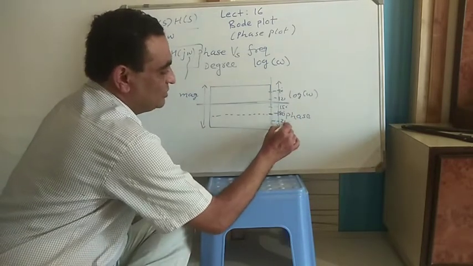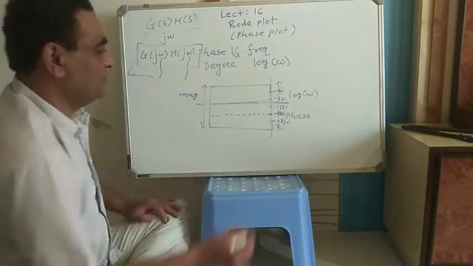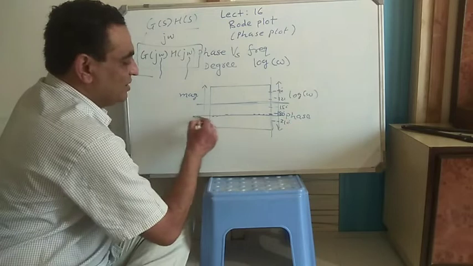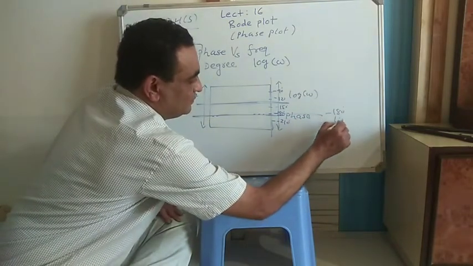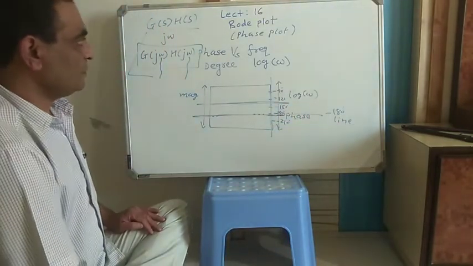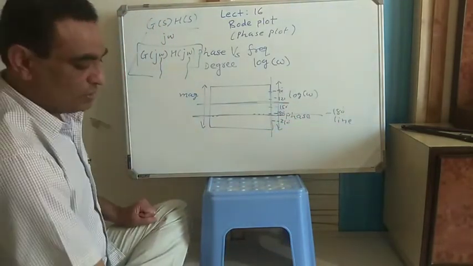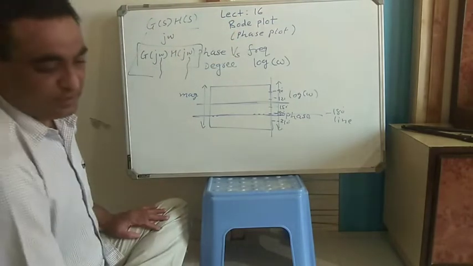This is minus 210 degree, and you can scale this axis appropriately. This minus 180 degree line is very important. All right, so let's see how this phase plot can be constructed.